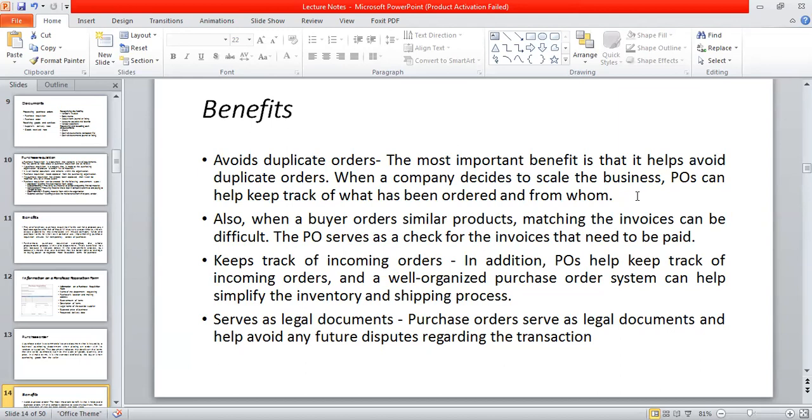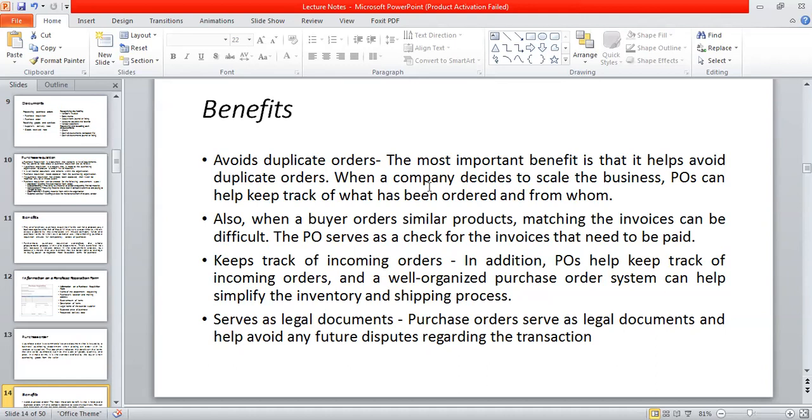So the company will have a record of the different orders that it has made to its suppliers. Also, in cases where an order has been delayed, this will help the company to make follow-ups with the supplier, and also to check which order is processed and which order is still outstanding.